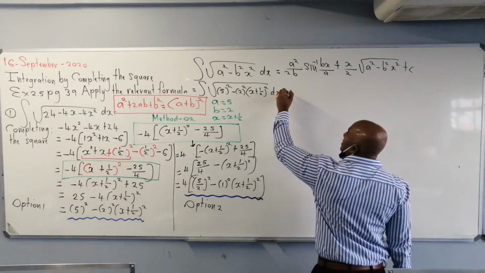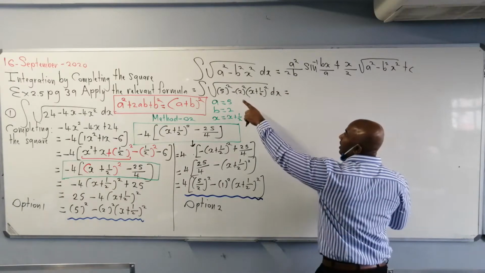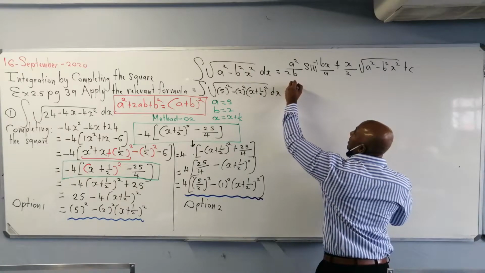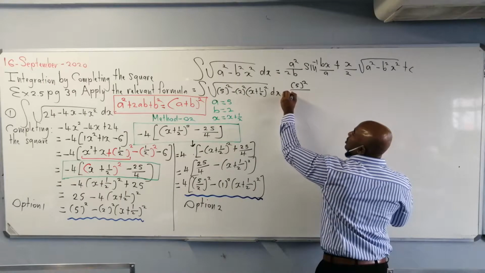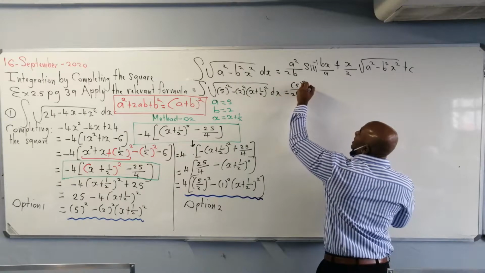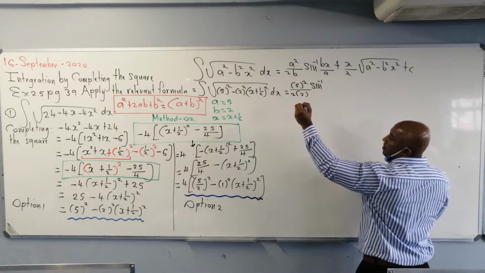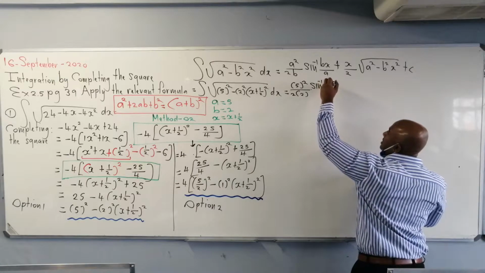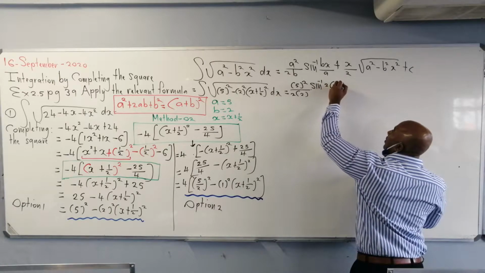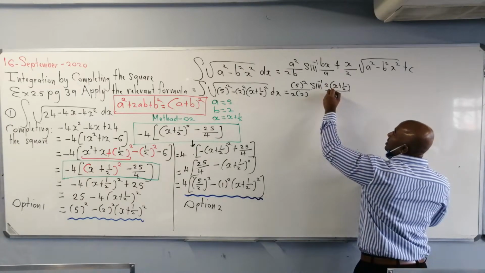So now let's do the substitution for option number 1. My a here is 5, so that's going to be 5 squared, and that will be 2 times 2 times inverse sine bx. So that's going to be 2 times your x there, which is x plus 1 over 2, divided by a, which is 5.